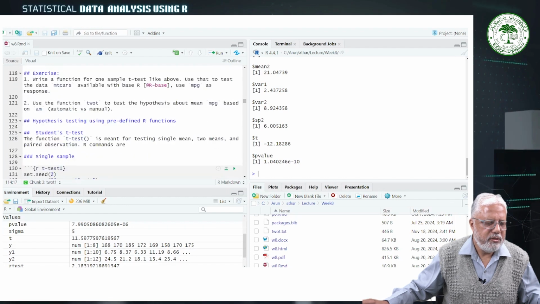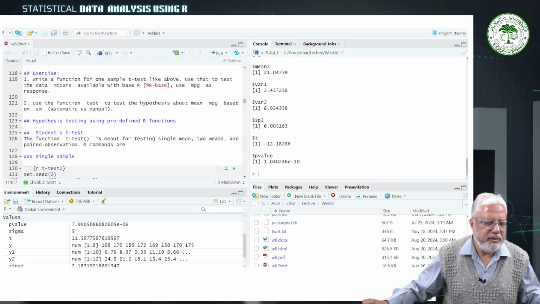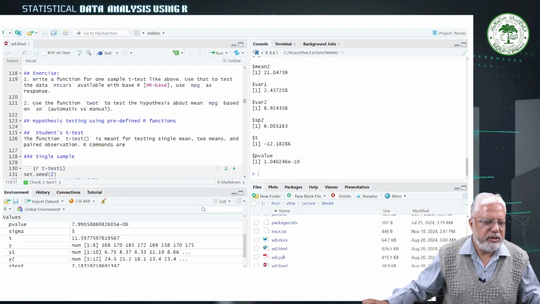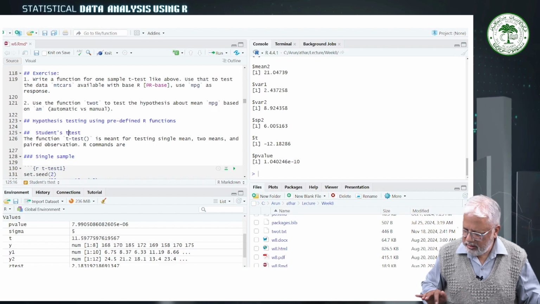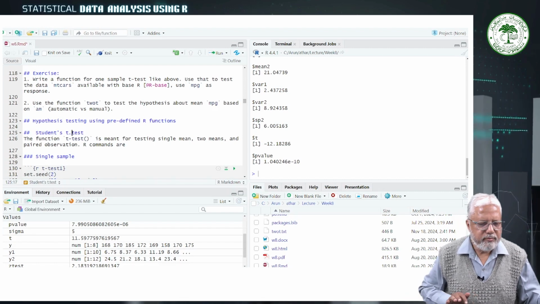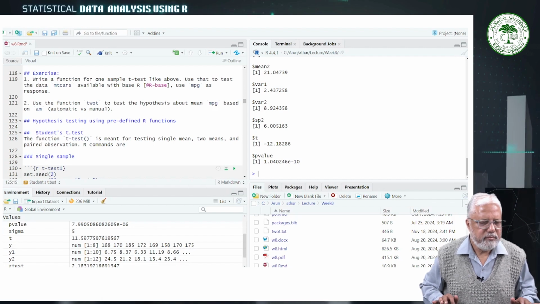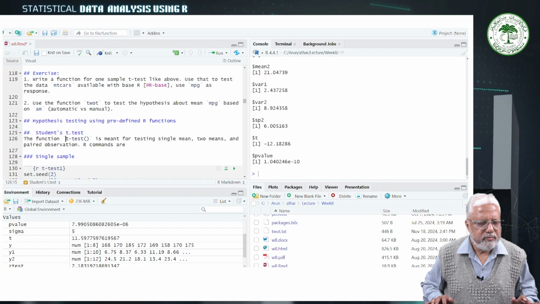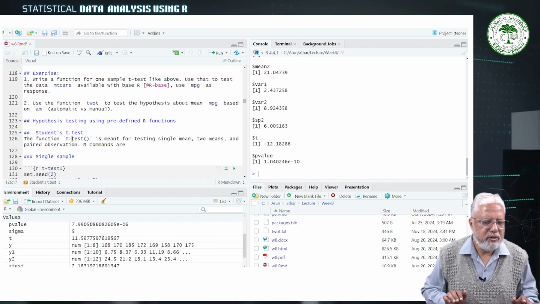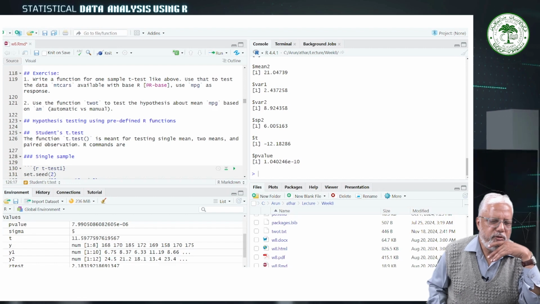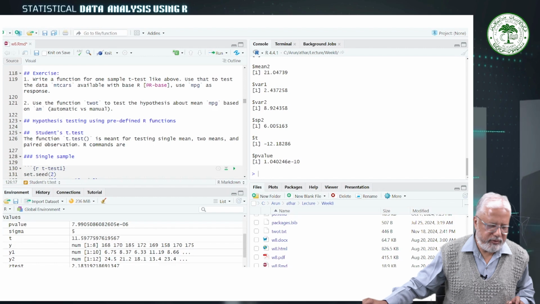It should have been the function t dot test. I have written it in backticks. So the function t.test, and then we can generate the PDF after this modification.